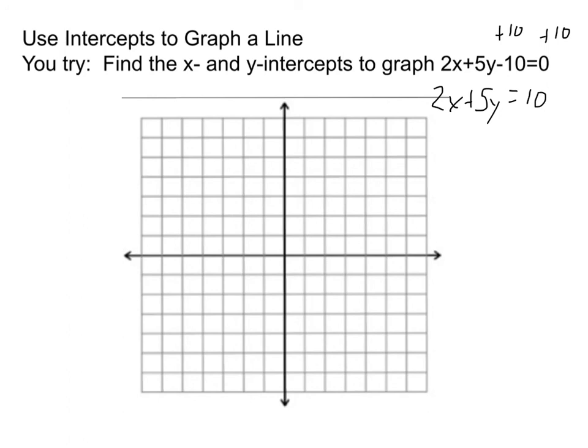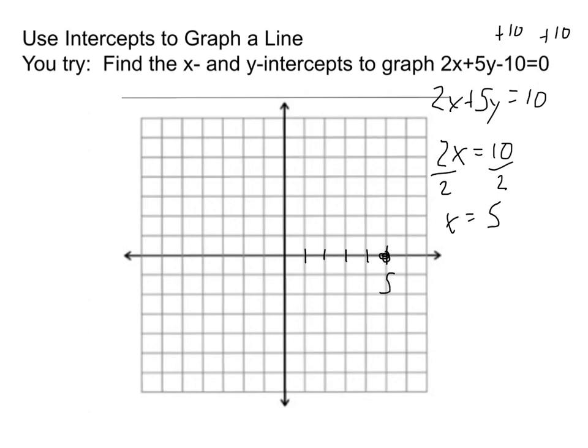If I'm trying to find the x-intercept, I put in a 0 for y, and it makes that 5y cancel, or 5 times 0 is 0, so I'm just left with 2x equals 10. Divide by 2, divide by 2, x equals 5. So I go over 1, 2, 3, 4, 5.